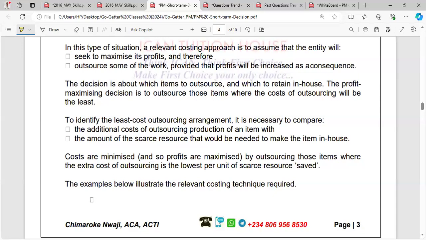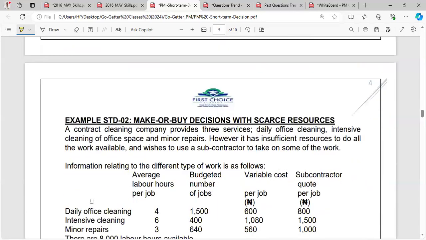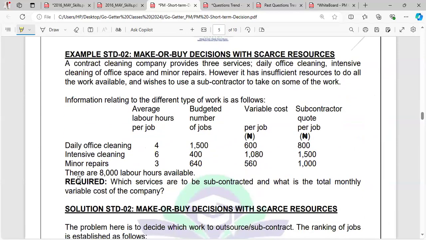Costs are minimized and so profit are maximized by outsourcing those items where the extra cost of outsourcing is the lowest per unit of scarce resources saved. So this is another application of limiting factor. Now we are using that application to do make or buy. Let's see an example here. Let's look at it now.